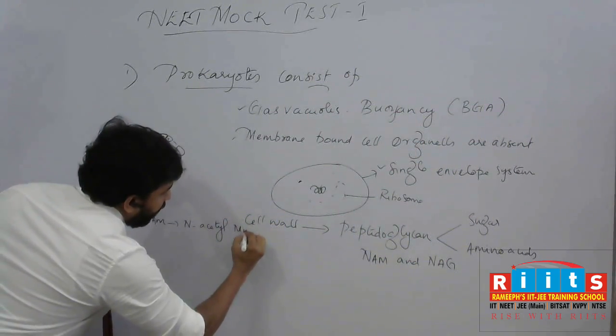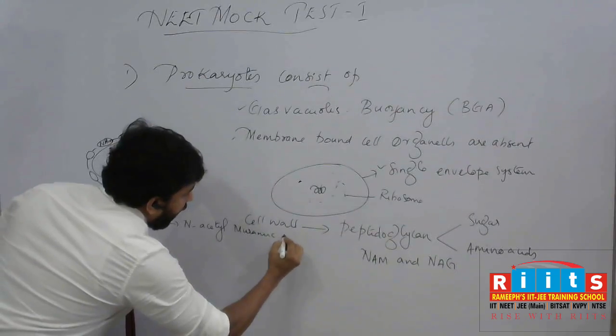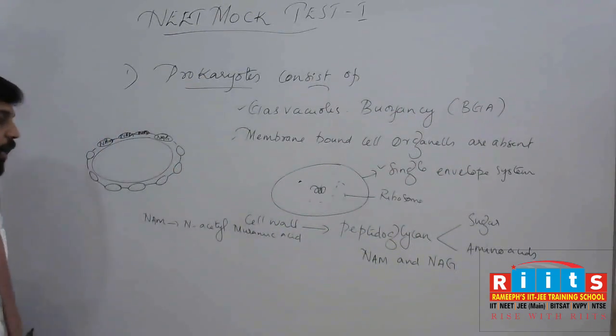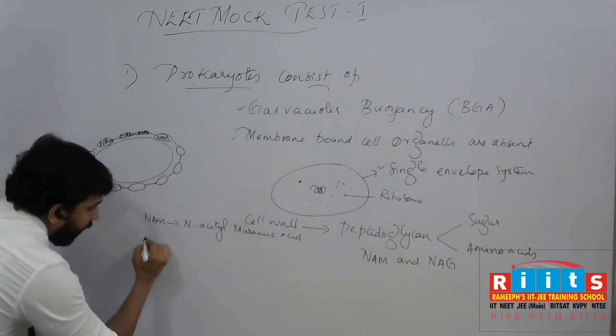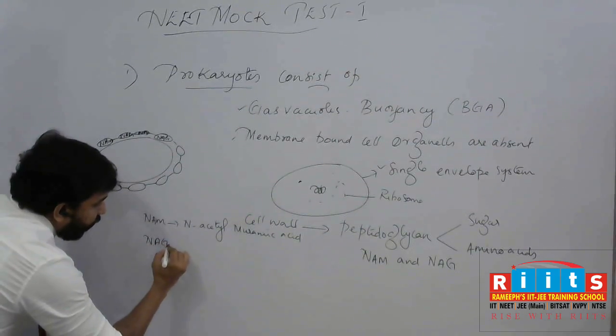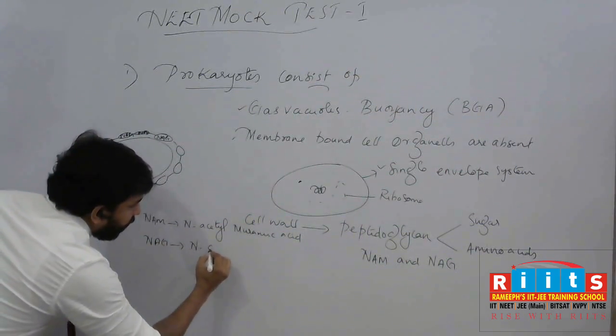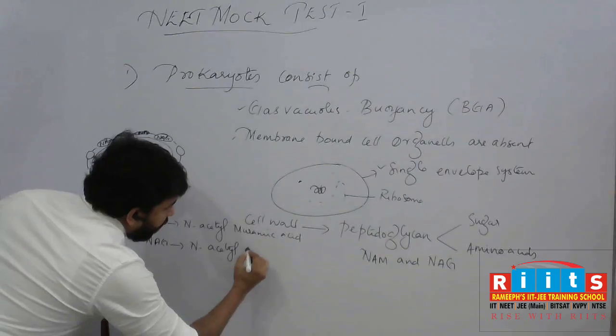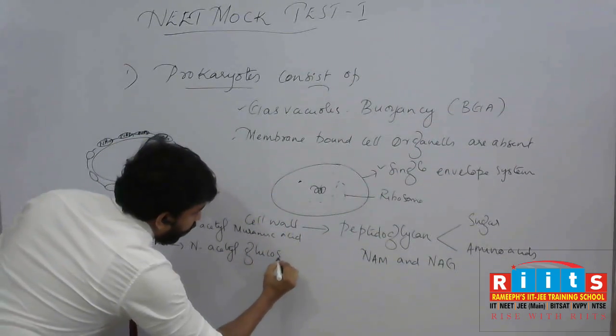NAM stands for N-acetyl muramic acid, and NAG stands for N-acetyl glucosamine.